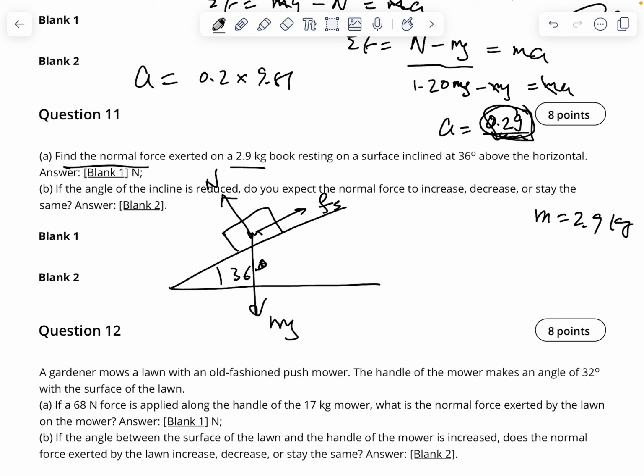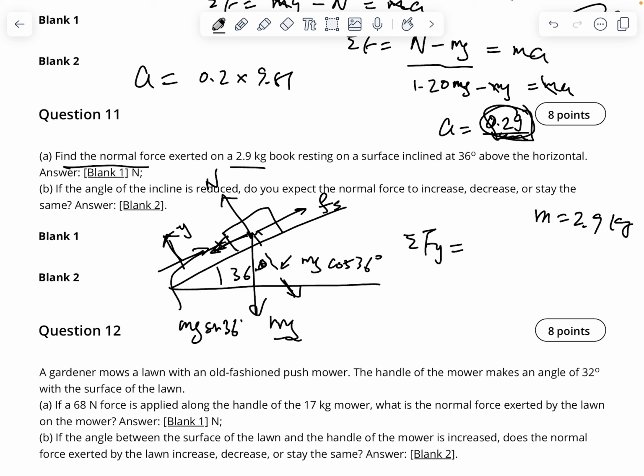So what's the normal force? In this case, let's build this x-axis, this y-axis, right? Net force in the y-axis, so we have to break down this mg into horizontal and vertical components, okay? So this is mg cosine 36. This is mg sine 36.